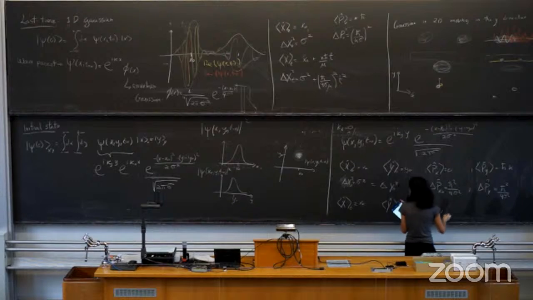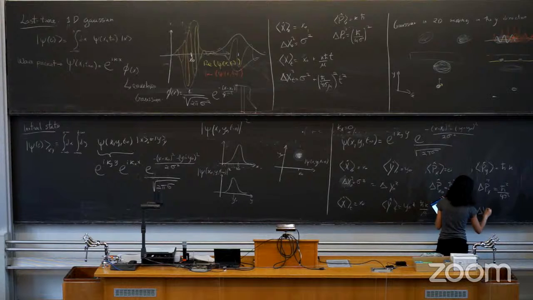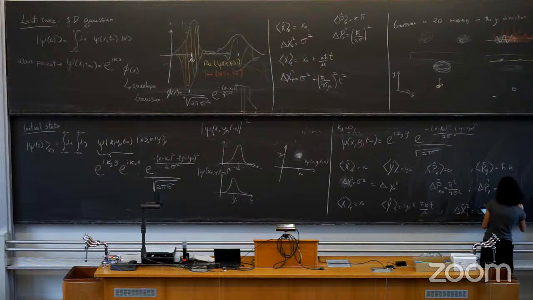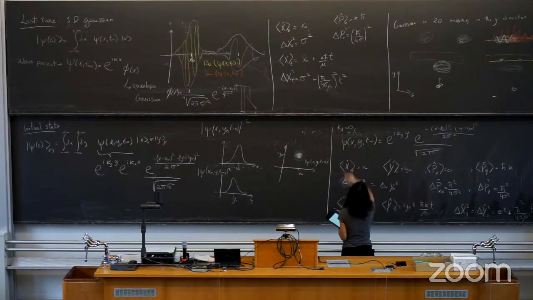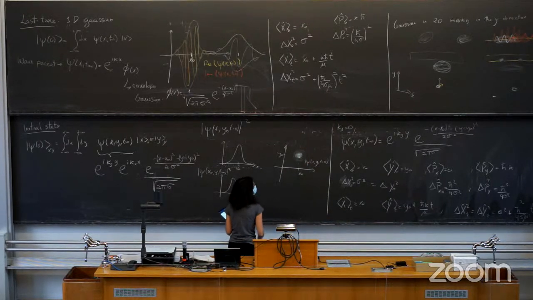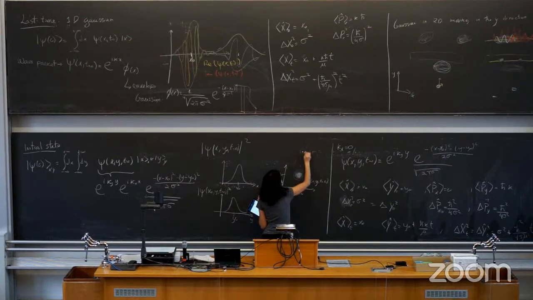So delta x squared at time t is delta y squared at time t, which is sigma squared plus h bar over 4 sigma. So it's just like we did before that. So this means that later our blob is here. And it's just a bit more spread out.